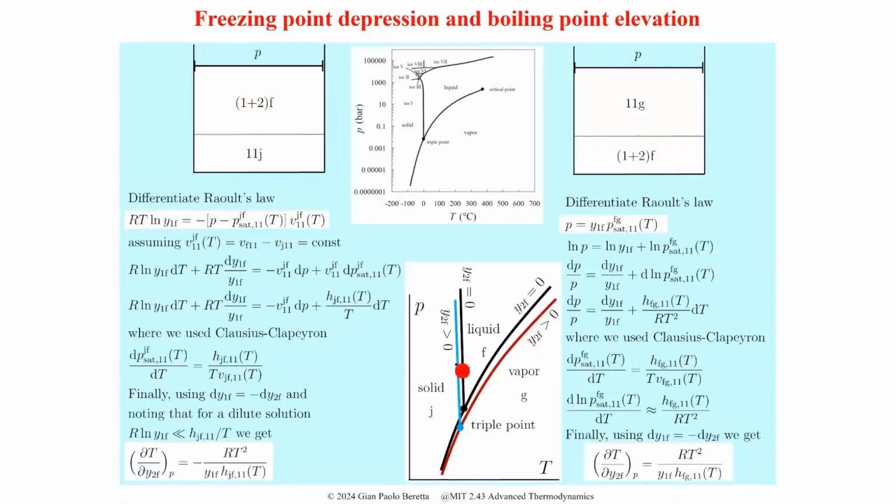And you can also plot it on this diagram. So if you have a solution, here I enlarge this area. The black curves are the pure substance. If you add a little bit of salt to the solution, then this black curve shifts to the blue curve at lower temperature.